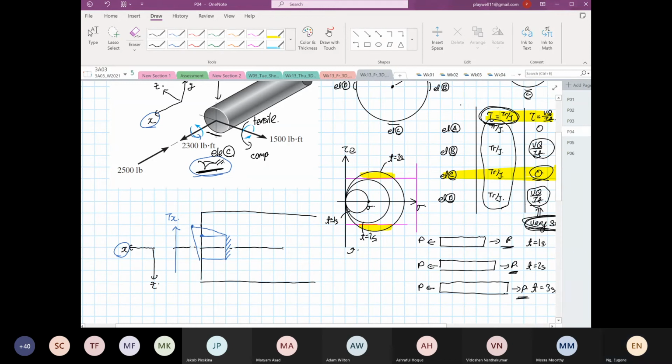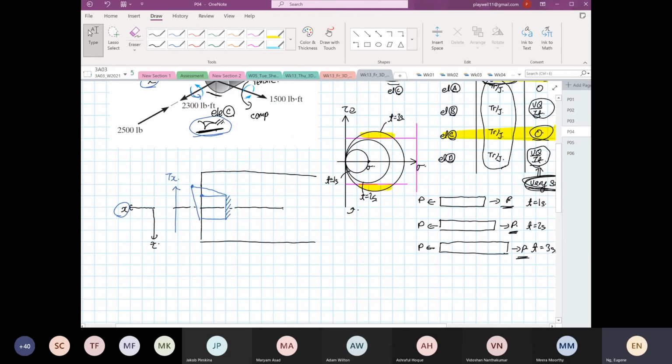Okay. So when this is the case, if we look at our element now, I'm going to draw this as positive shear. And then I'm going to draw this. Sorry, that is negative shear. I do apologize.